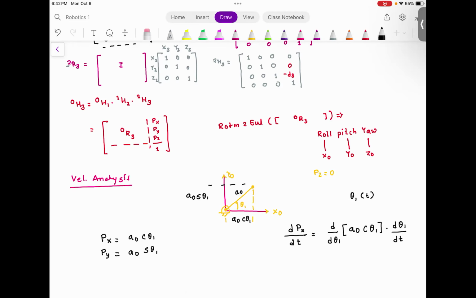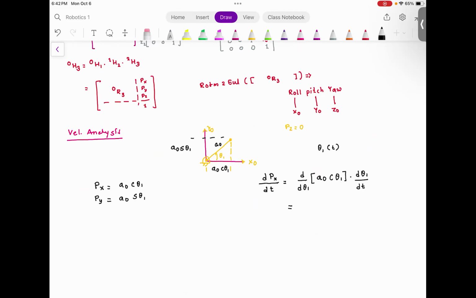So this equation is going to look like this: A0 is a constant, the derivative of cosine theta 1 is minus sine theta 1, and d theta 1 by dt is theta 1 dot. Now I would do dPy by dt. Same logic: d by d theta 1 of A0 sine theta 1, times d theta 1 by dt.